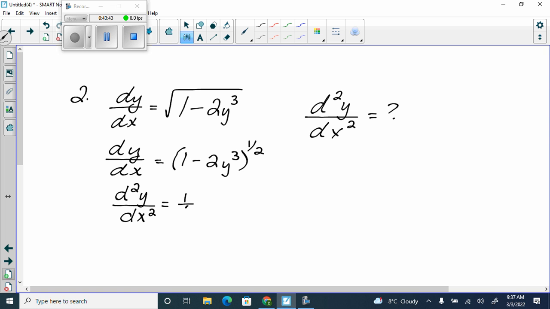So we do 1/2, rewrite to the negative 1/2. And then we multiply by the inside. The inside happens to have y in it, so watch yourself. So the derivative of 1 is nothing, and the derivative of negative 2y cubed is negative 6y squared times dy over dx.